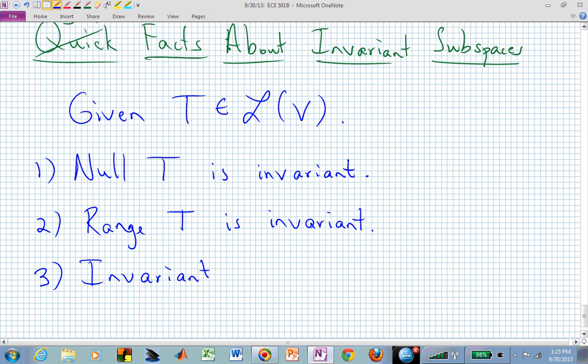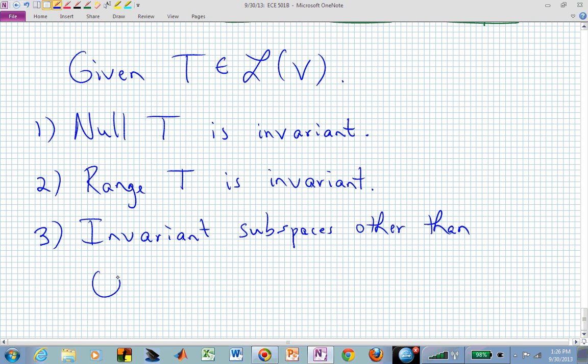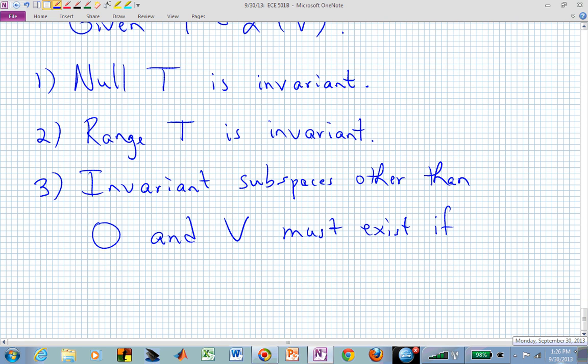And we're also going to find, or we'll show later, that invariant subspaces other than the additive identity and the entire vector space V do actually exist, depending on the field of numbers that you're playing with.